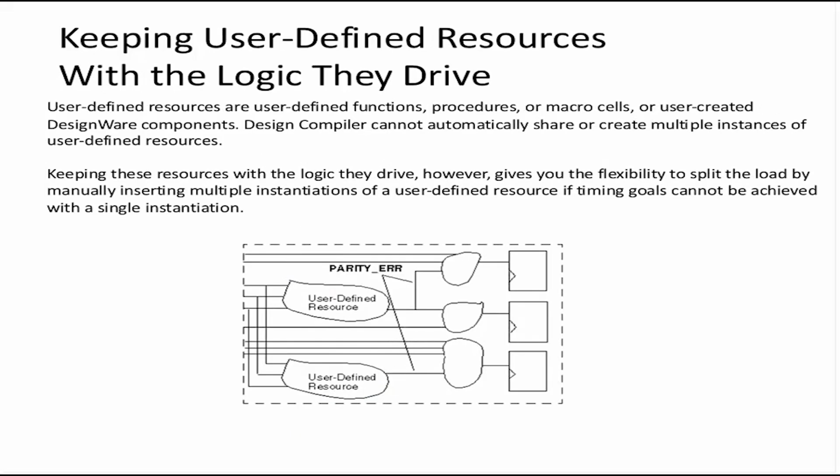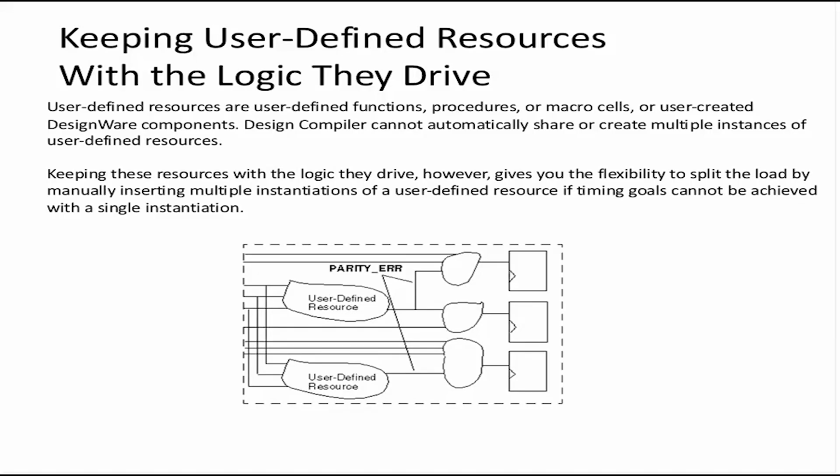Keeping user defined resources with the logic they drive. Now there can be a few complex blocks in your design which are user defined functions, procedures, or macro cells. Design Compiler will not automatically create multiple instances of these, since it doesn't understand the complexity.